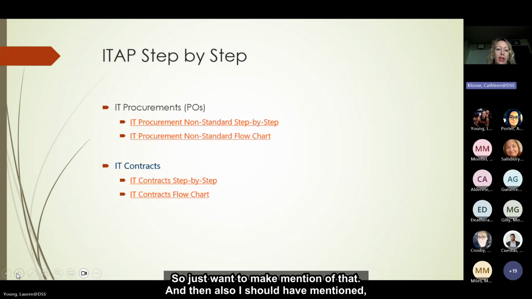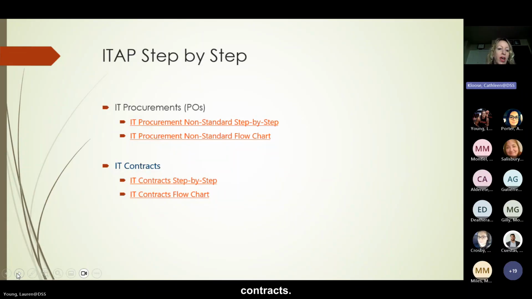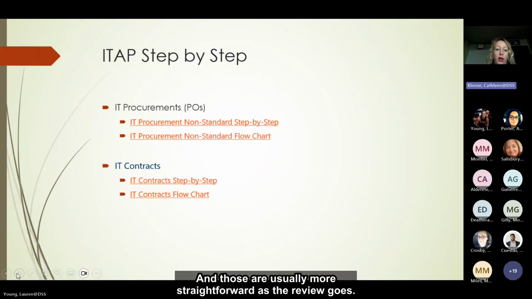And then also, I should have mentioned, and I'll mention now, that Lauren's team only reviews the IT contracts. I handle the procurements and POs solely myself. Those are usually more straightforward as the review goes.